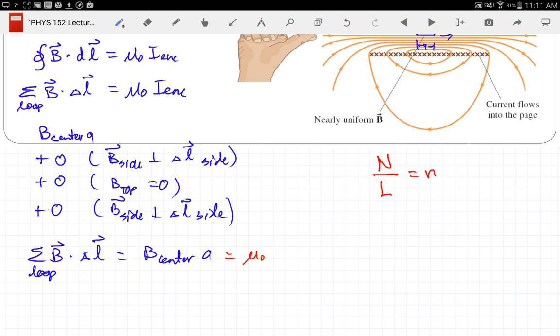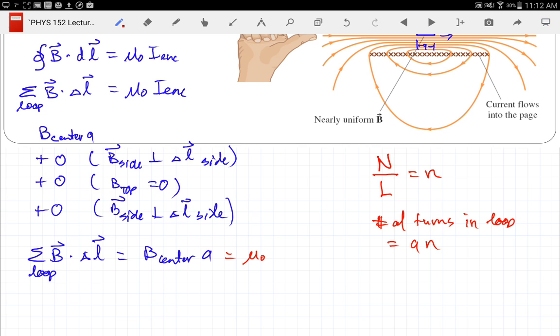We will define that as lowercase n. So n is the number of turns per unit length. The number of turns within my loop is going to be the width of my loop multiplied by the number of turns per unit length. Right, turns per length times length, turns.